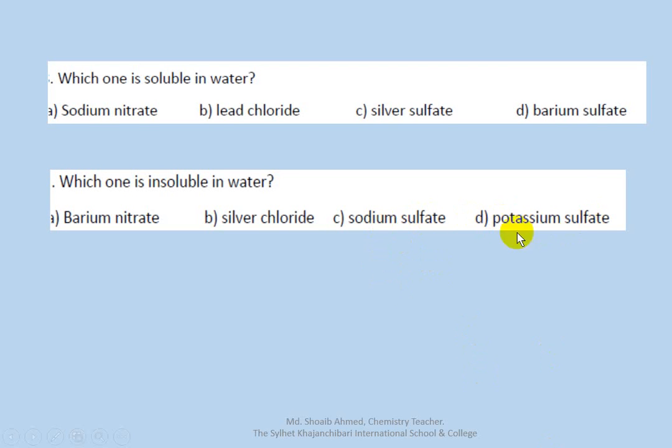Potassium sulfate also soluble, all nitrates are soluble, so this one will be okay. Silver nitrate, we know all sulfate of sodium and potassium are soluble, and nitrate here is soluble, so this one will be the exception. This one will be the answer. So the insoluble one is silver chloride.